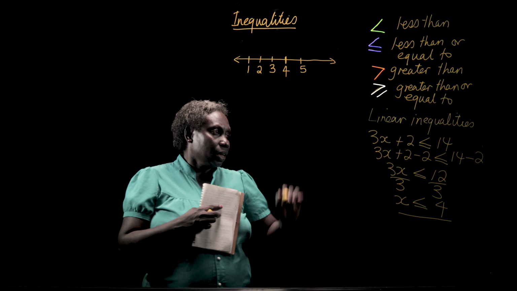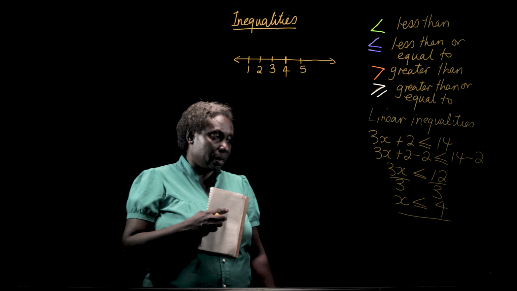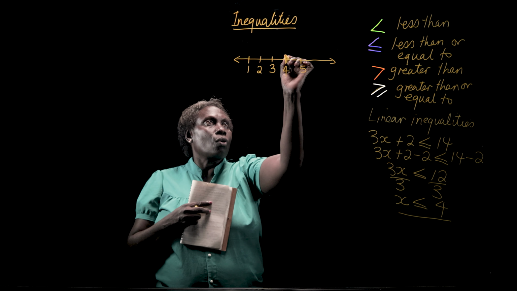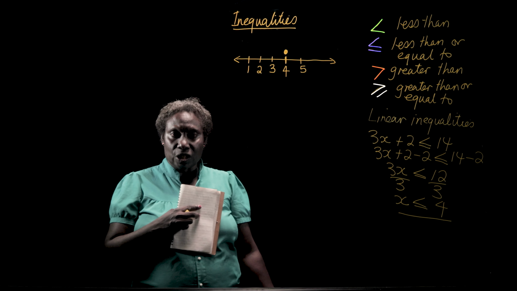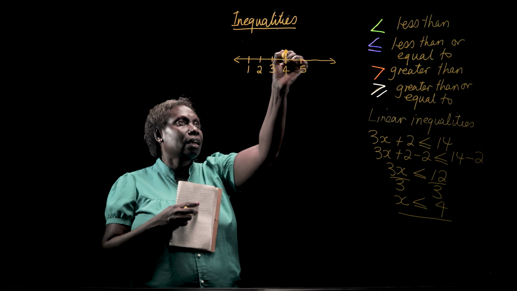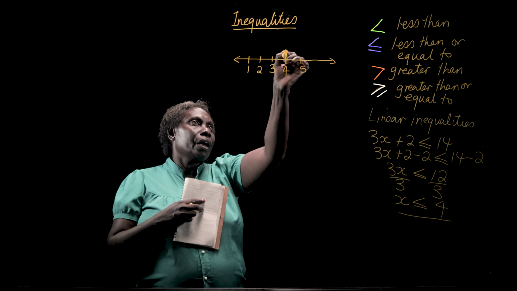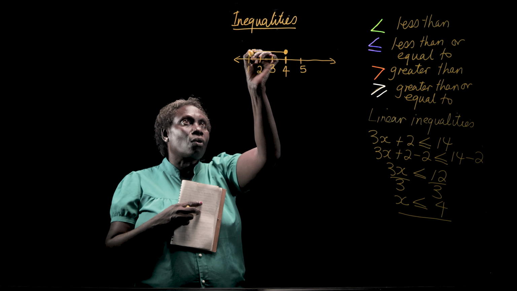Our inequality says x is less than or equal to 4. So I'm going to put a shaded dot here to indicate that 4 is also included, because x is equal to or less than 4. Then all the numbers to the left of 4.